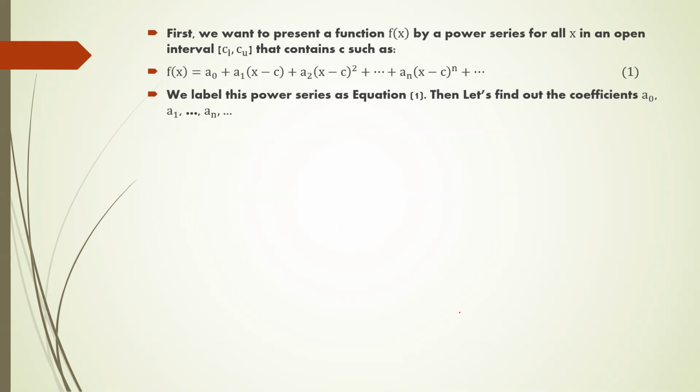So first, this is the original power series with unknown coefficients. And we label this equation as equation 1. And our purpose is that we need to find out coefficients a0, a1, an, and represent those coefficients either in constants, variables known, or functions of variables known.